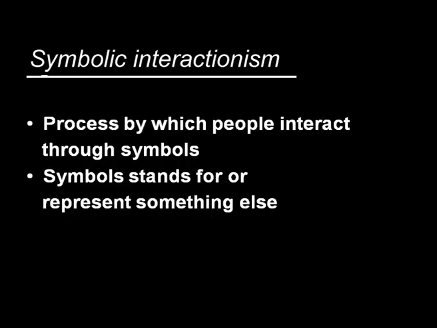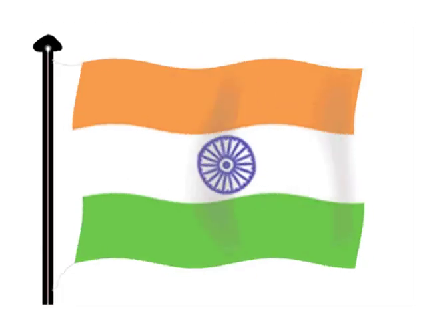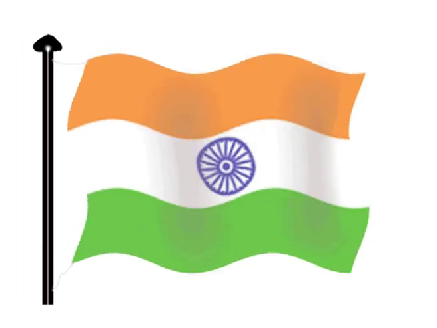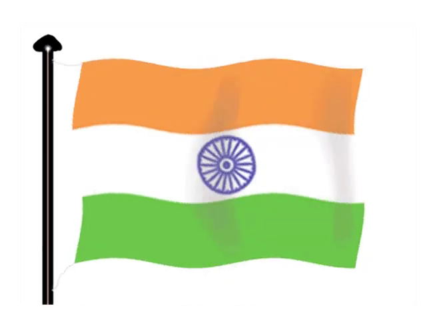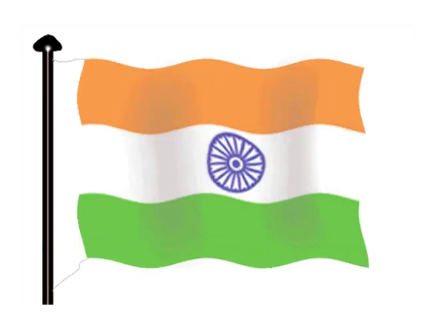The fifth and the last model is symbolic interactionism. Symbolic interactionism is the process by which people interact through symbols. Symbols stand for or represent something else. For example, the national flag. When a person looks at the national flag, it gives some meaning to him.